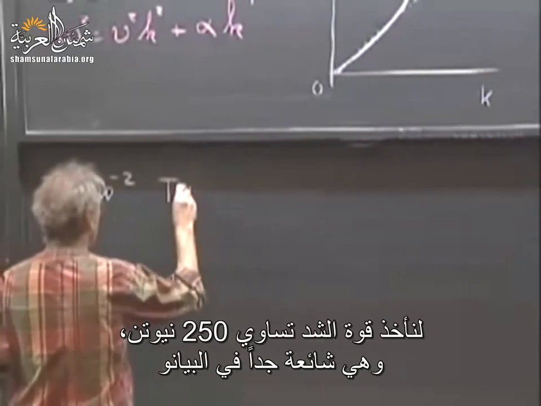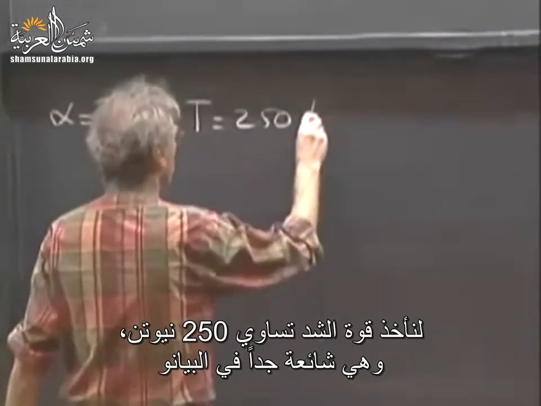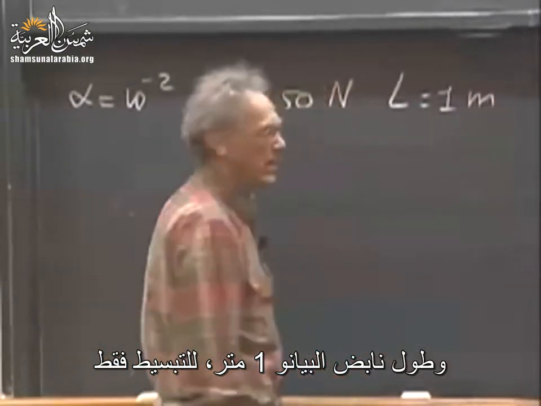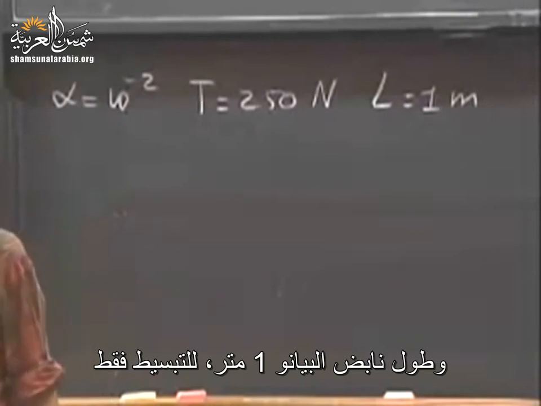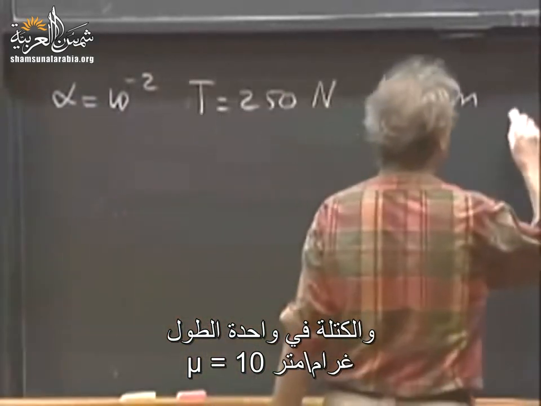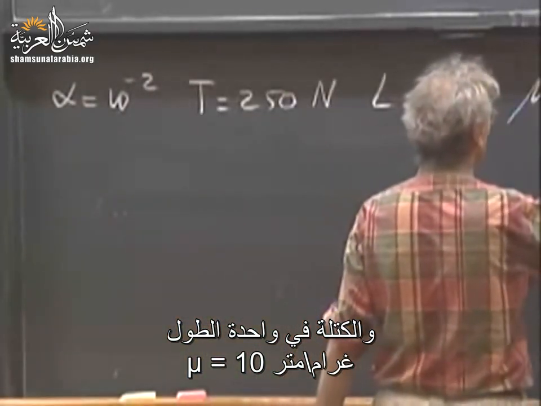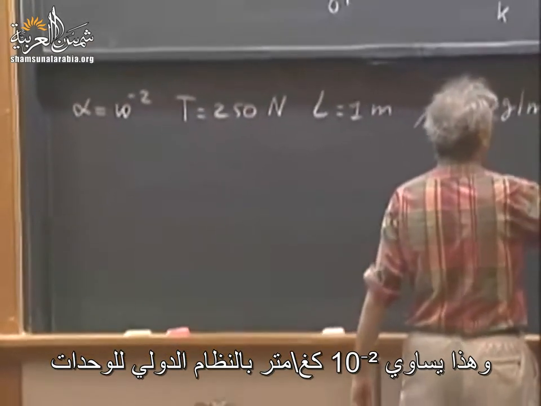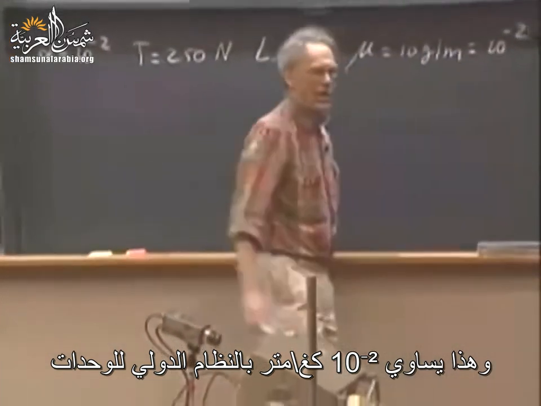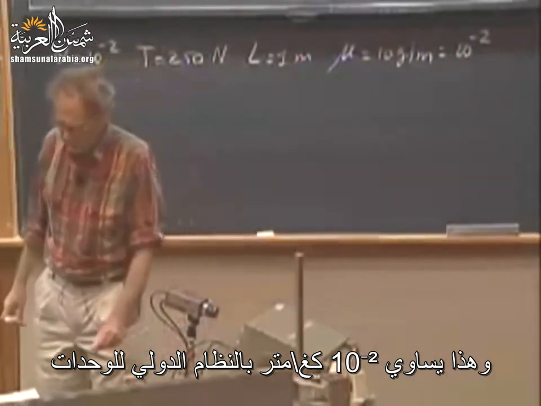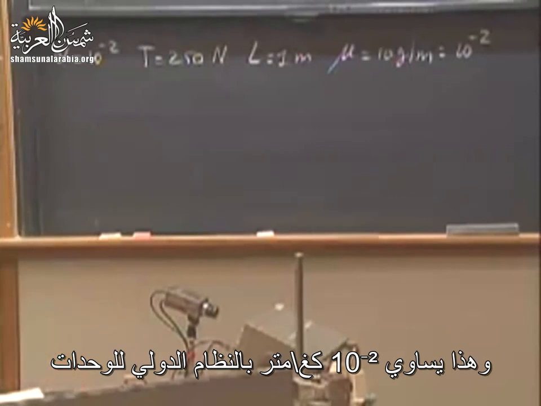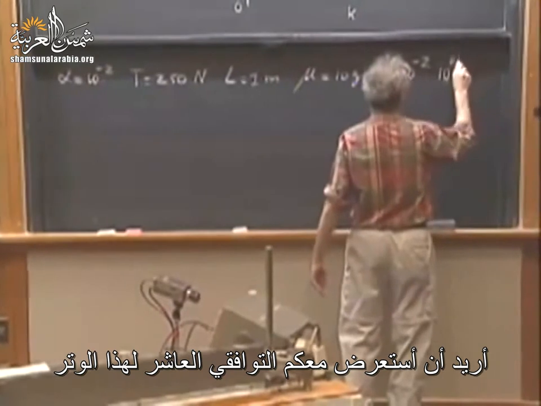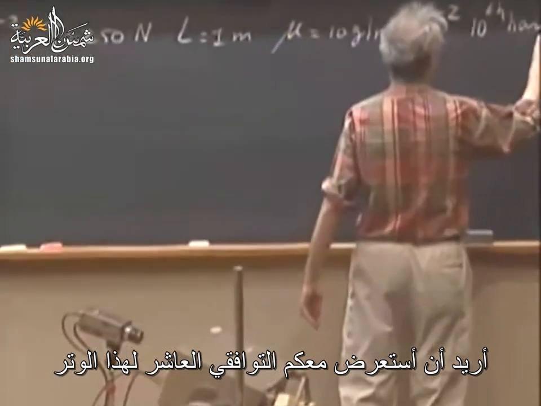I take the tension, which is very common for piano strings, 250 newtons. I take the length of a piano string, 1 meter, just for simplicity. And I give it a mass per unit length of 10 grams per meter, so that would be 10 to the minus 2 kilograms per meter. And I want to explore with you the 10th harmonic of this string.